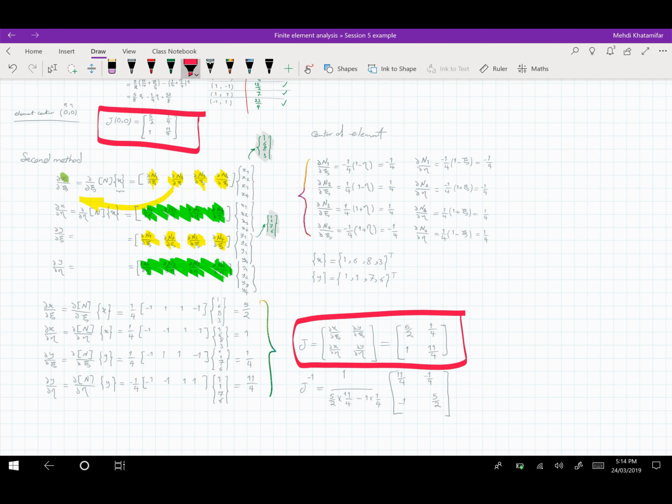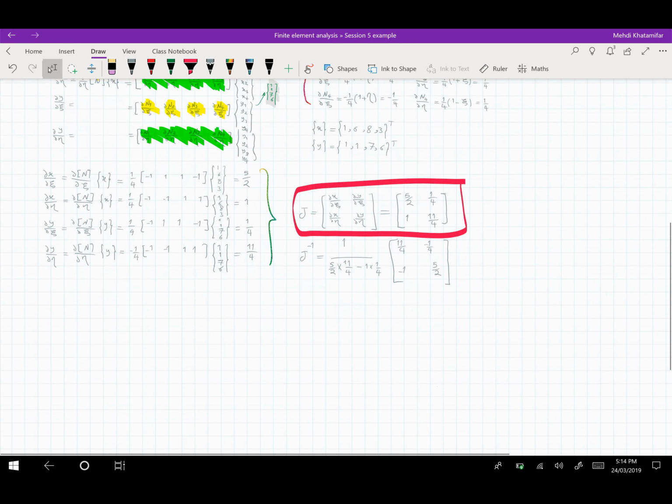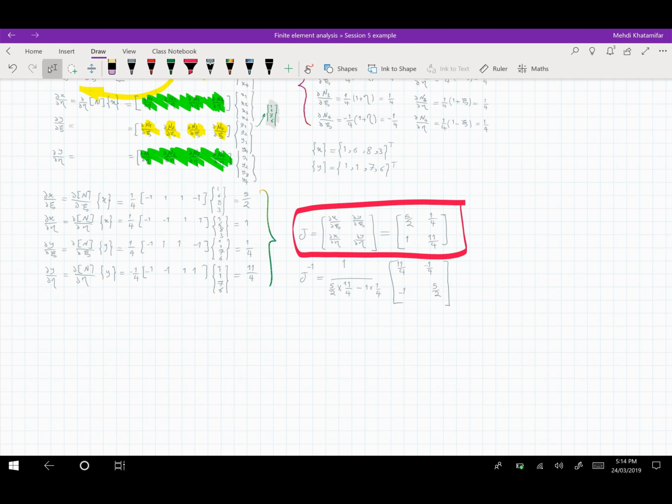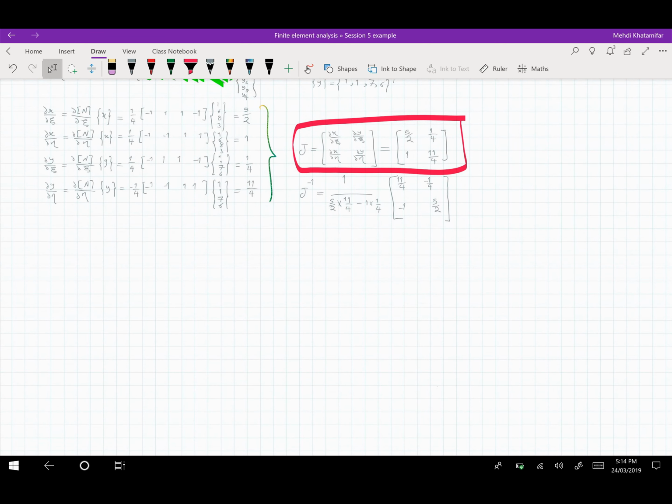And you know what is the next step? Once we have the Jacobian and the derivatives of N, everything is going to be much easier, because let me continue with the calculation for the strain displacement matrix.